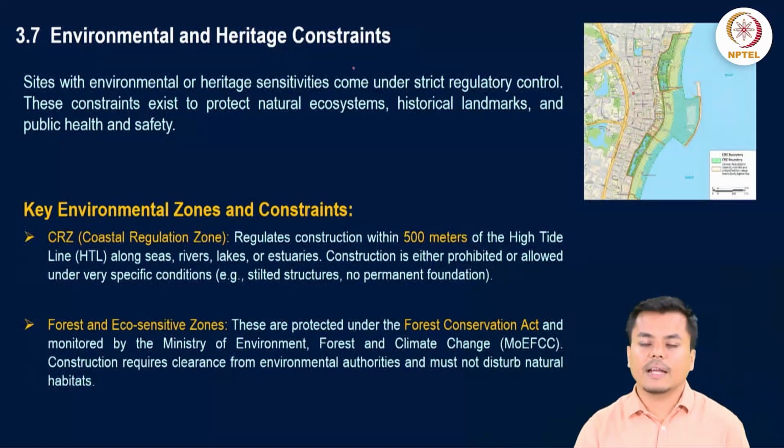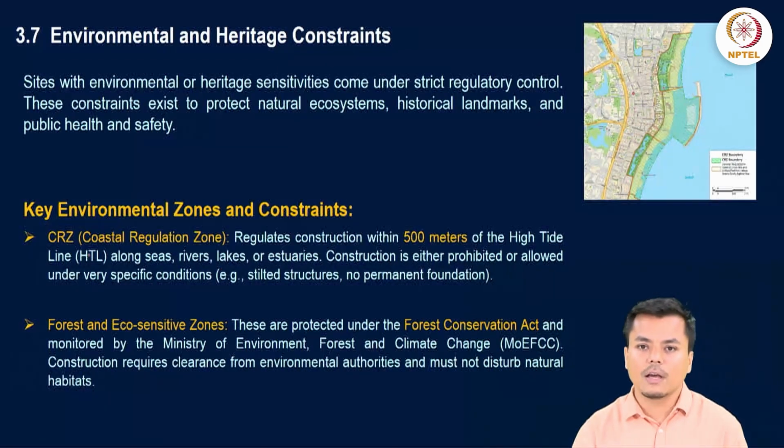The environmental and heritage constraints related to the site have to be understood. If your site is very near the sea, then you should follow the CRZ, that is Coastal Regulation Zone, so there should not be a permanent building or permanent foundation designed within 500 meters of the high tide line along the sea, rivers or lakes.